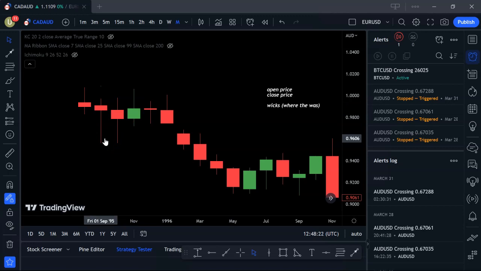This gives birth to the colors of the candle. It does not really matter whether you're using green, red, yellow, or purple. For me, I like using white and blue. But you just need to understand the story the candlesticks tell you.